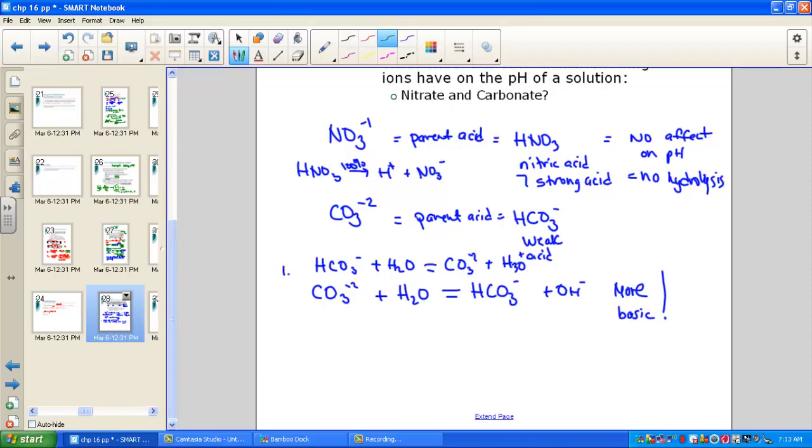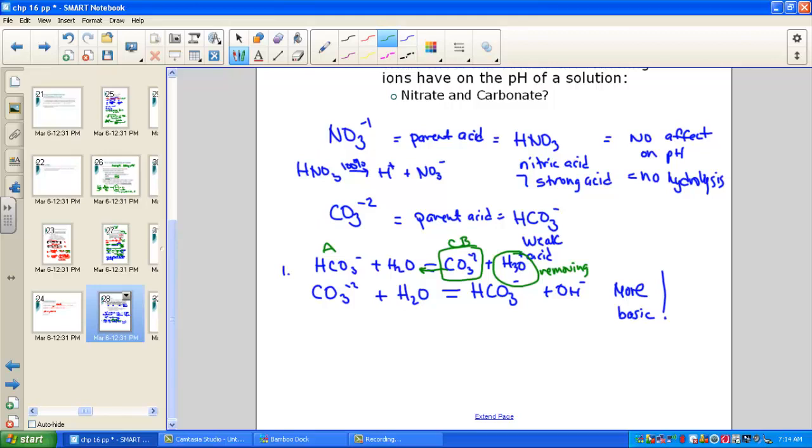This guy here is the conjugate base, and here is its parent acid. The conjugate base carbonate has the ability to push back left, doesn't it? And Le Chatelier says if this equation is pushing left, we take out hydronium.